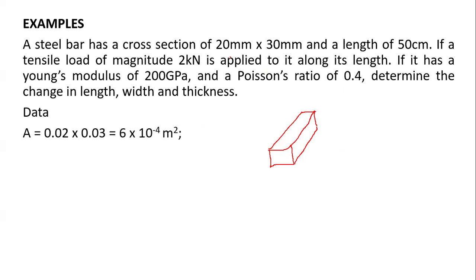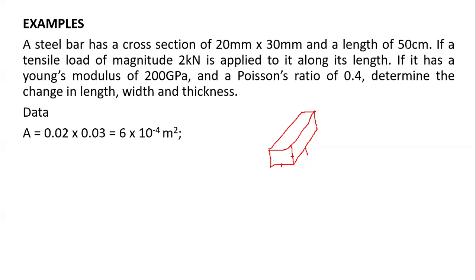First of all, here we convert them like we had earlier. This side, 20, the other one, 30, the other one, 50 centimeters. So this 20 is 0.02 because you divide this by 1,000 to convert it to meters. The same thing with this, divide by 1,000, you have 0.03.